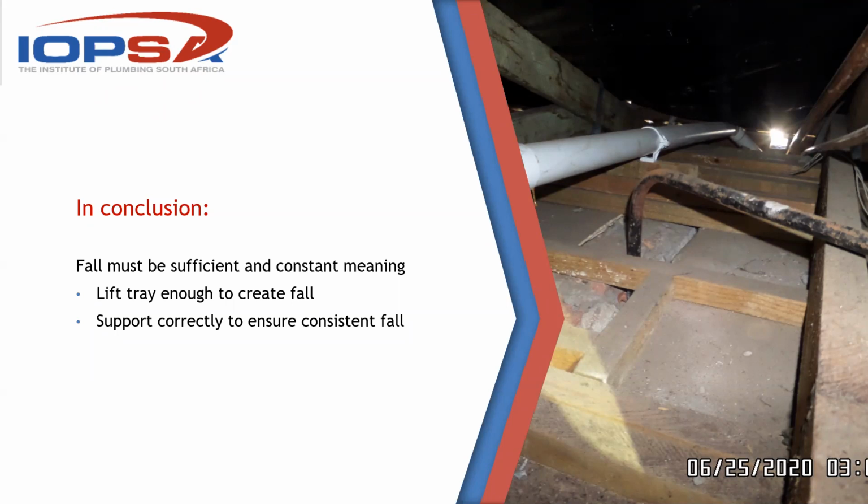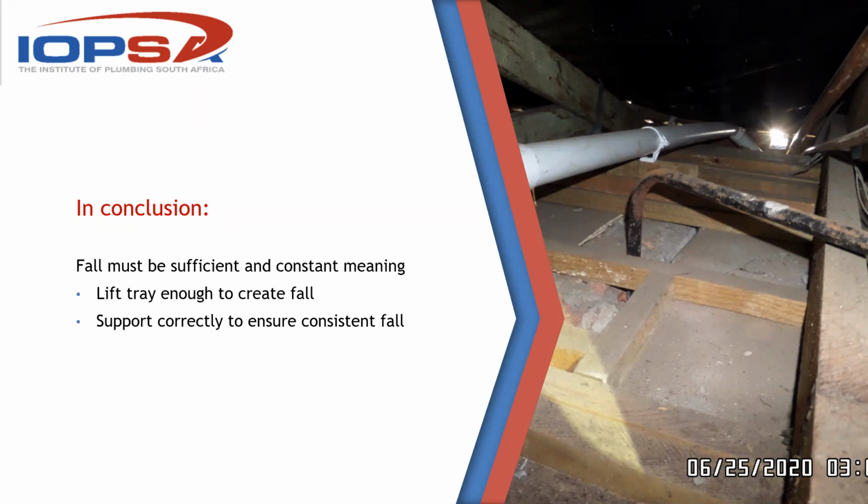Having said that, yes, we understand that 40 liters a minute is unrealistic in terms of real world behavior. How many times is a tray going to receive 40 liters a minute from a leaking geyser? I agree with you, probably 1% of the time, if that. But that's not the point. The point is that the standards require it, and if that's what they require, that's what it must be.